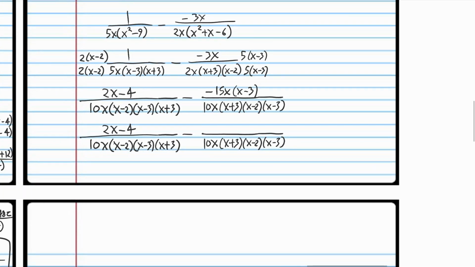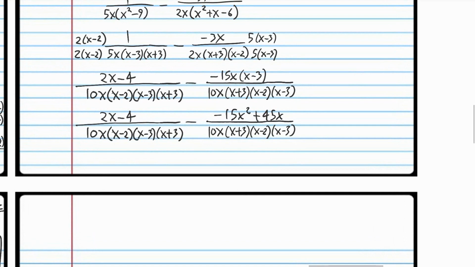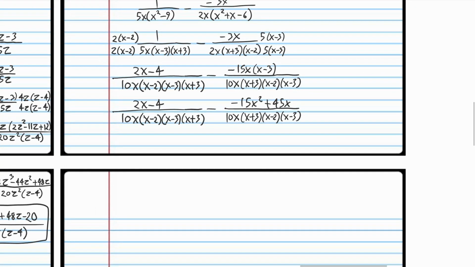So negative 15x times x is negative 15x squared. Negative 15x times negative 3 is positive 45x. So now we're ready to combine. So this is a negative 15x squared, but it's going to become positive 15x squared, because you're subtracting, and it's going to become a negative 45x, so on and so forth.